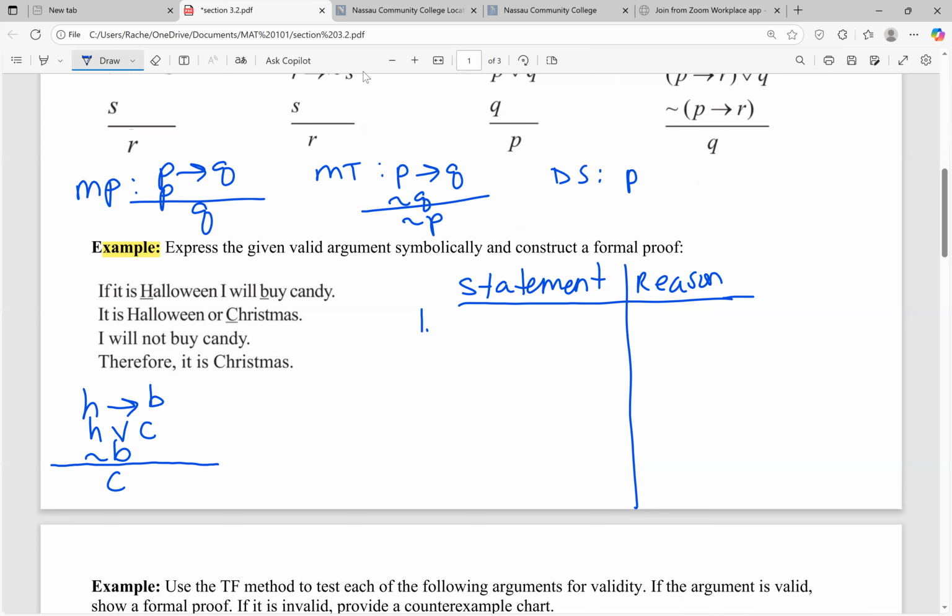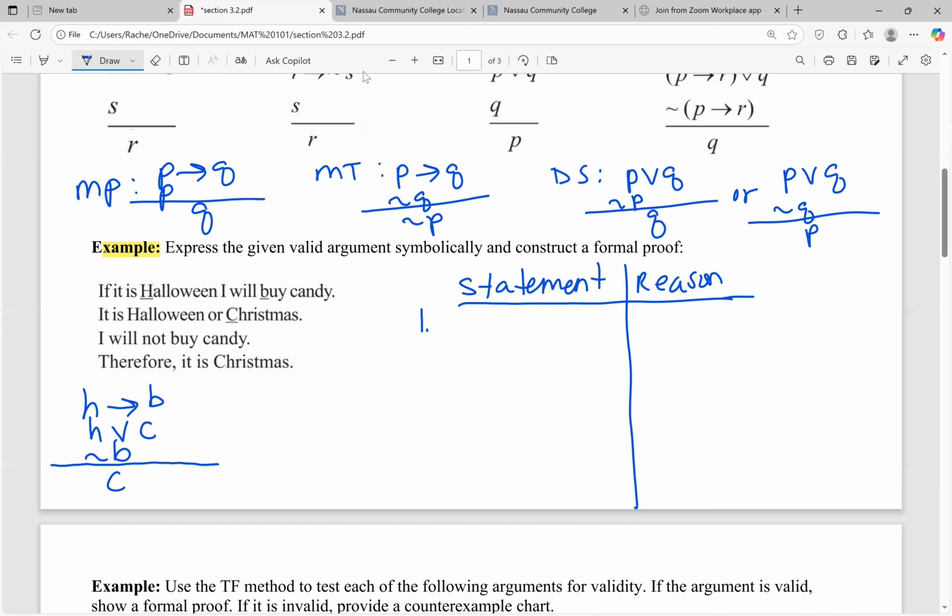If I have P or Q and not P, we can conclude Q. Or if I have P or Q and not Q, then we can conclude P.